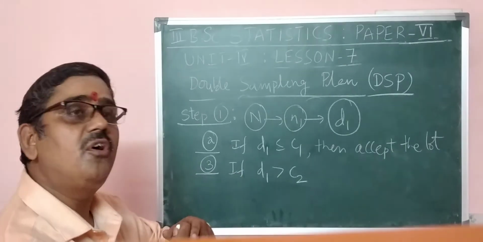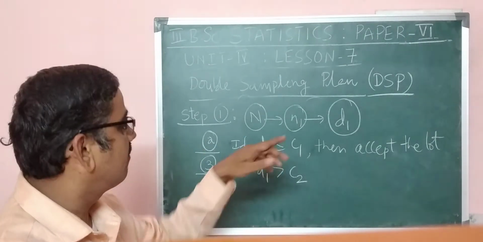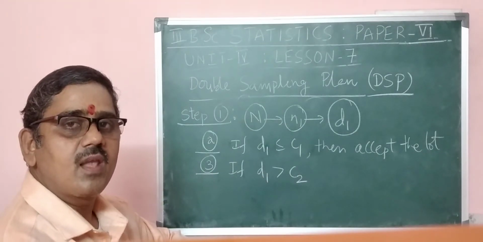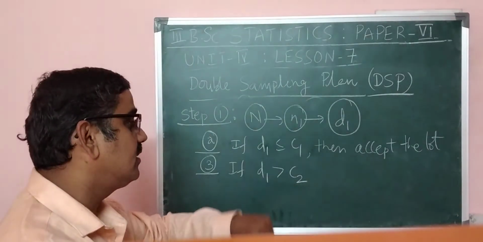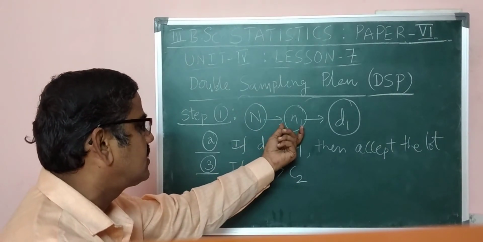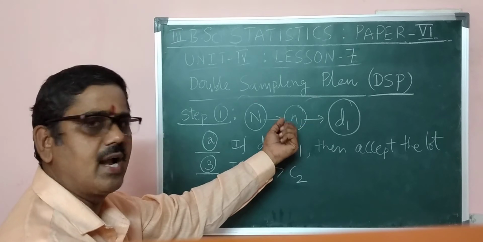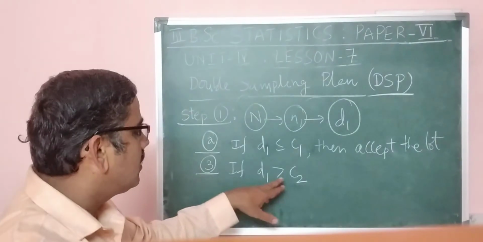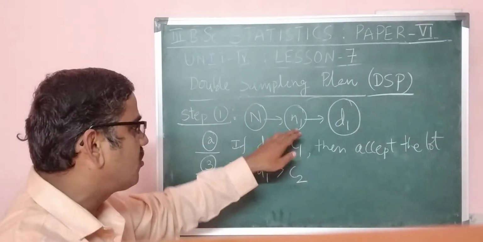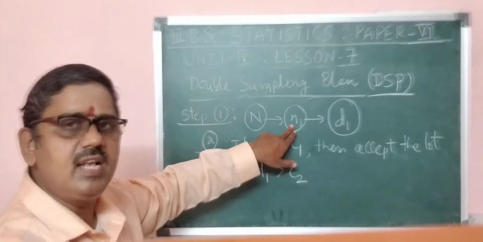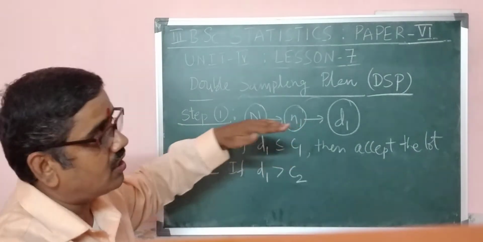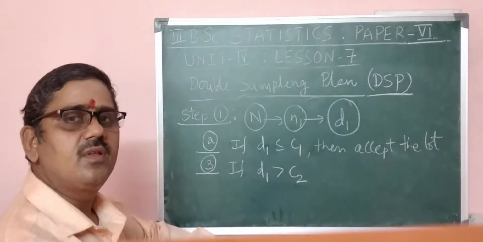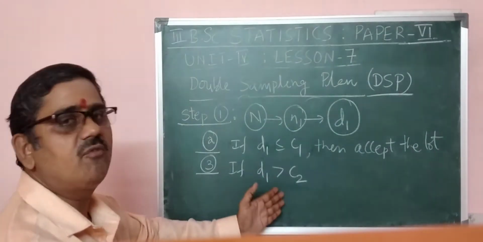So whenever it is crossed, for example, C1 is 4 and C2 is 10, and 20 sample items are considered, if D1, the number of defective items found in the 20 sample items, crosses 10, that is crosses C2, then right here we can reject the lot.